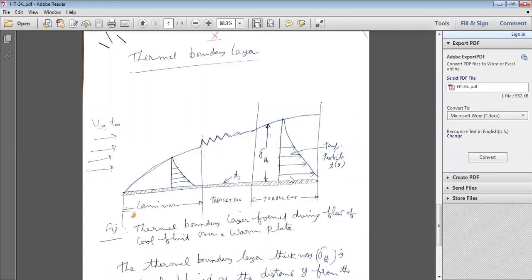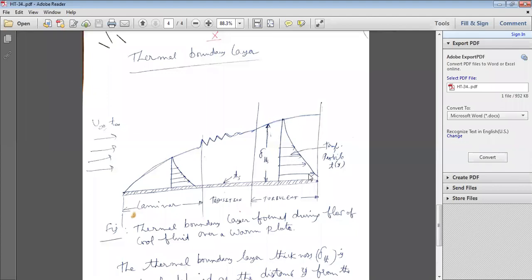So temperature is more on the surface of the plate. When compared with the fluid temperature, surface temperature will be high. That's why here in the boundary layer, the temperature increases from the boundary layer position to the surface of the plate. Otherwise, temperature decreases from the surface of the plate up to the boundary layer.